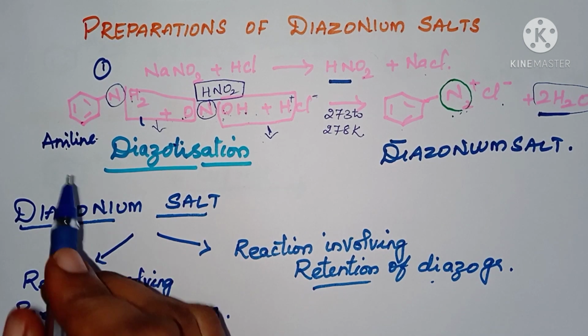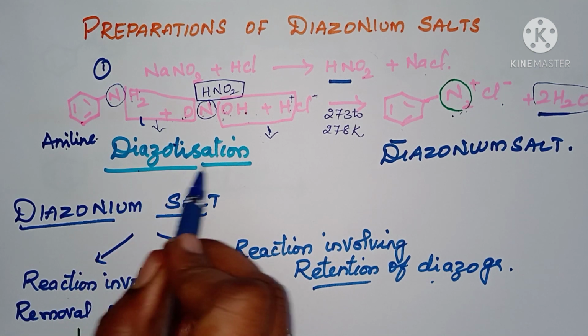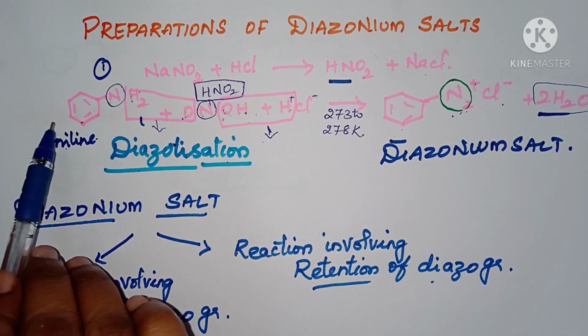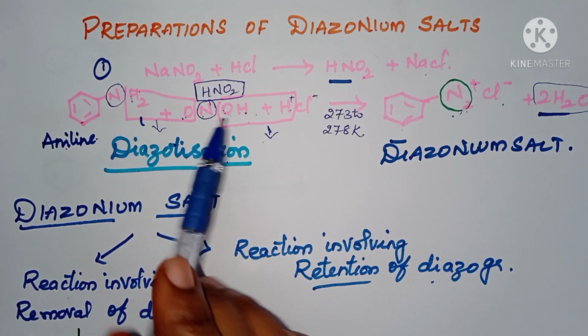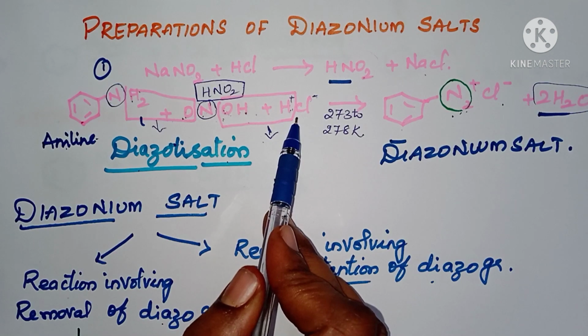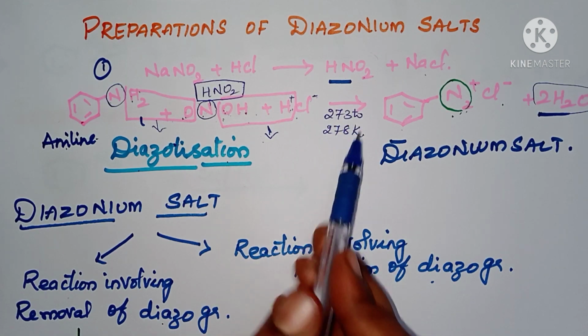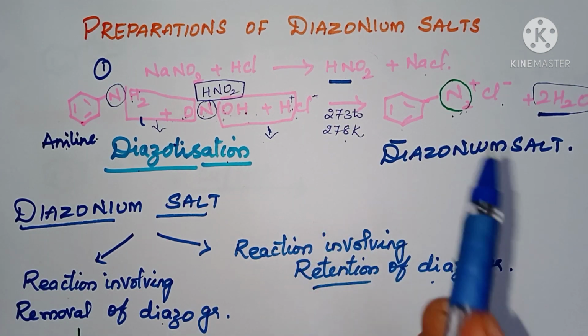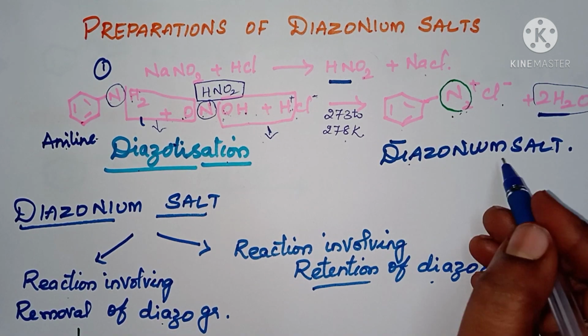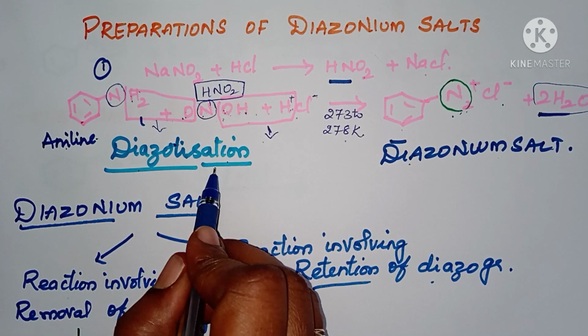So this reaction is called diazotization. So what is diazotization? Aniline is reacted with nitrous acid along with HCl at 273 to 278 Kelvin, we are getting a diazonium salt. So that diazonium salt's preparation is called diazotization.